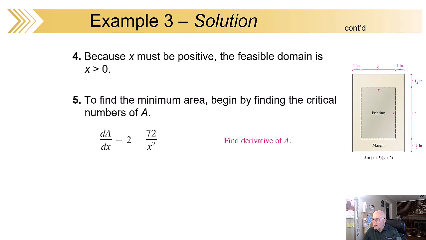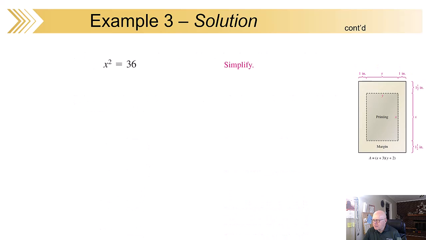So here's the derivative. Not too hard, right? Set that equal to 0. Solve for x. There we've got x squared equals 36. That should be easy to solve. Plus or minus 6. But remember, what's the feasible domain?